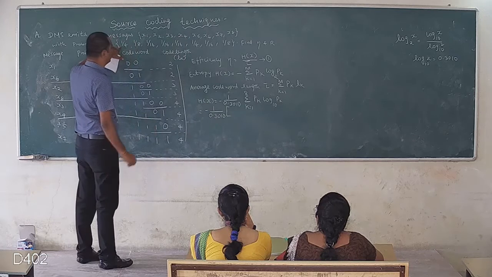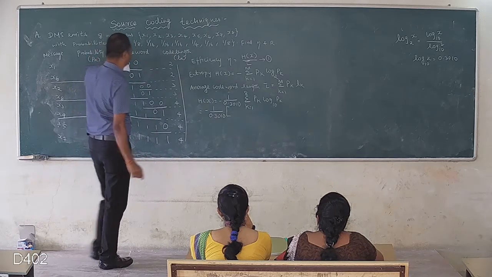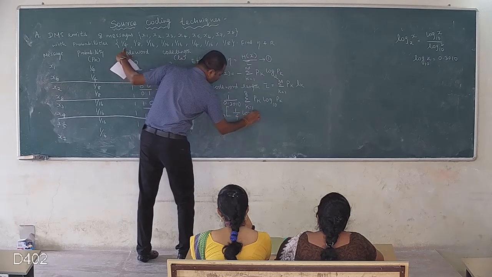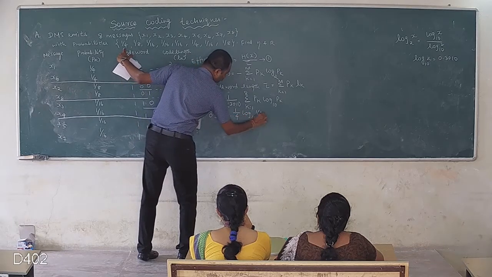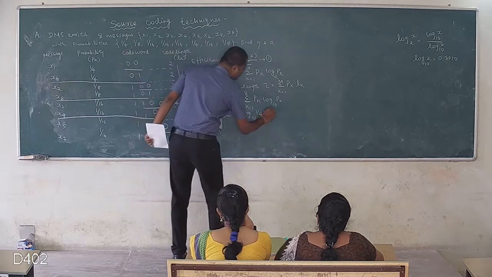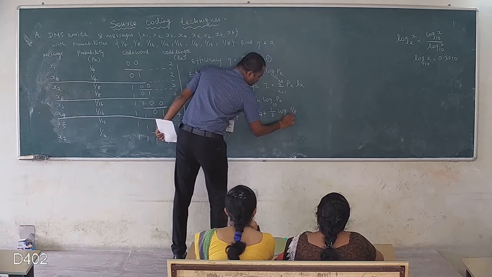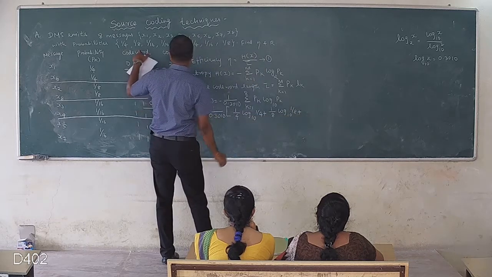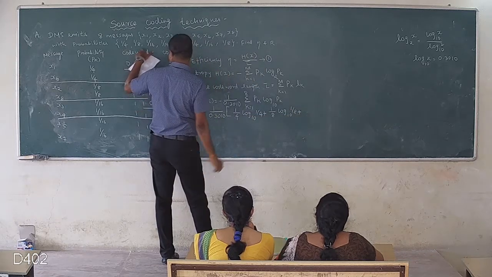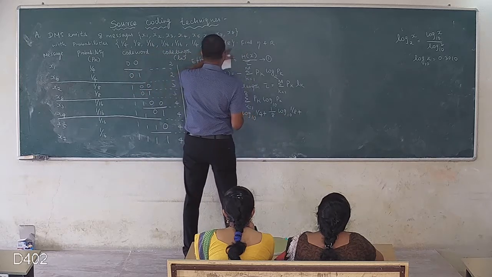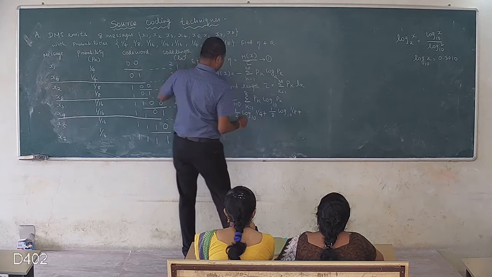The probabilities of occurrence are given: 1 by 4 log 1 by 4 plus 1 by 8 log 1 by 8 to the base 10 plus, otherwise you can take 2 times, 2 into 1 by 16. Since I have 2 1 by 8 and 2 1 by 4s, I can multiply directly.